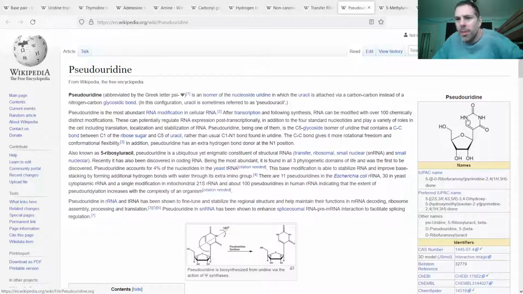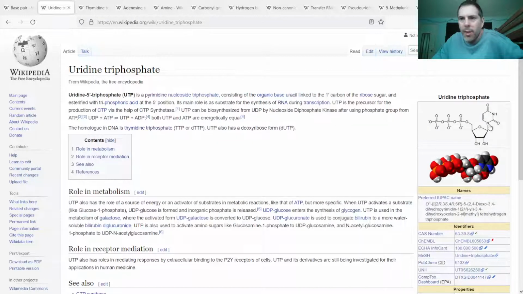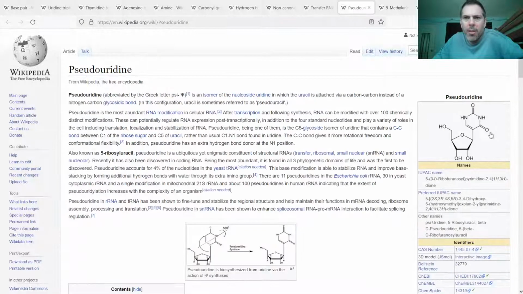So normally this nitrogen is what connects to the ribose, but here in the pseudouridine, the carbon here is what connects to the ribose. So you can see here the carbon and nitrogen, and over here nitrogen and carbon. So it still forms the same bonds. There's still the same carbonyl groups and the nitrogen with the hydrogen here. It's just kind of a slightly different arrangement.